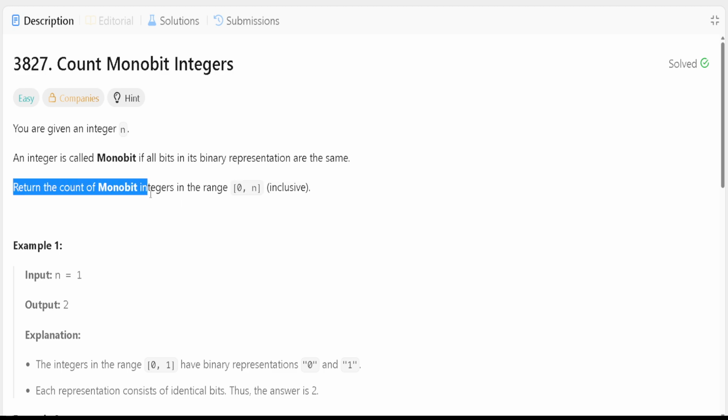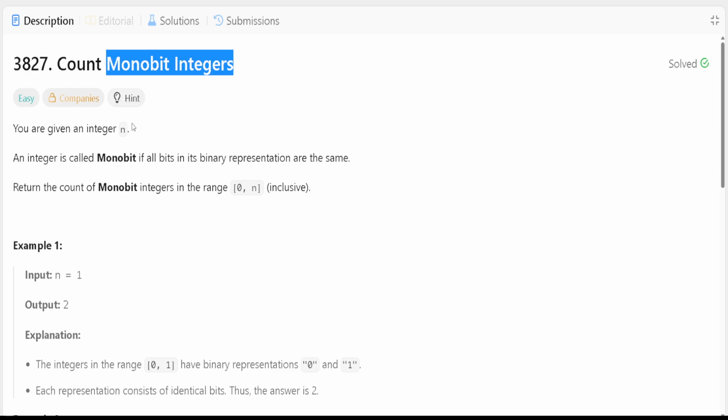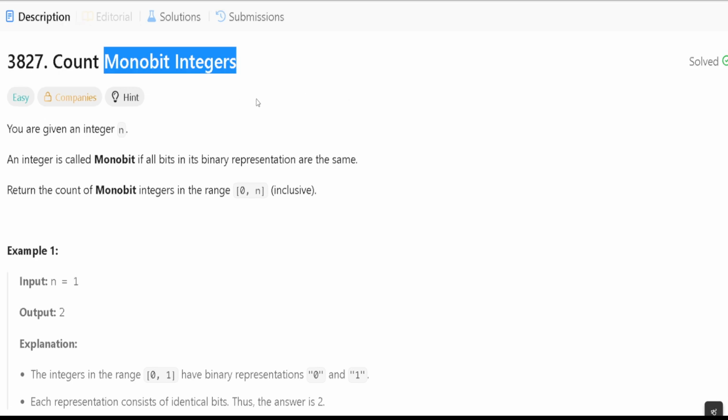Very first, we will understand what numbers are monobits, and then we'll go further. Let me explain. Let's understand what monobit integers are and list them carefully.